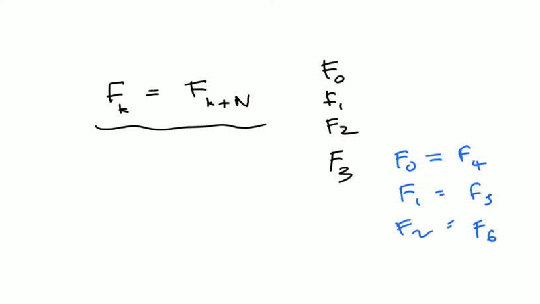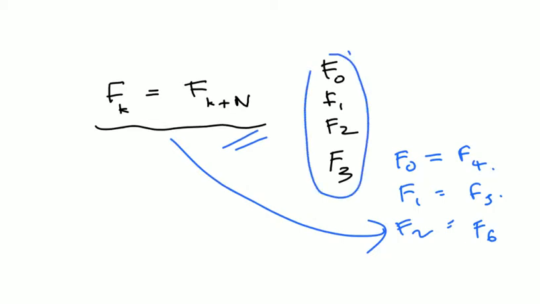So we have a problem here. We can potentially make use of this, but how? Because we don't have f4, we're not interested in f5, we are not interested in f6. We just want to calculate f0 until f3. How do we go about doing this?